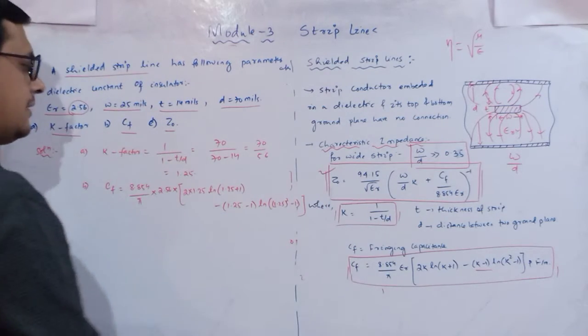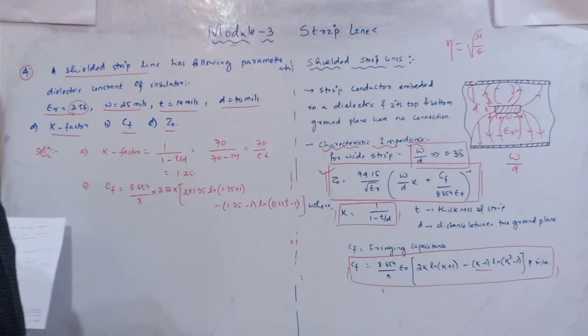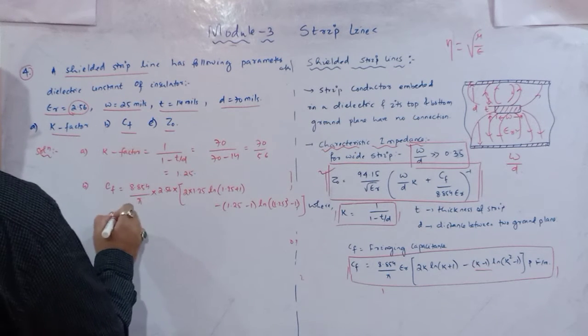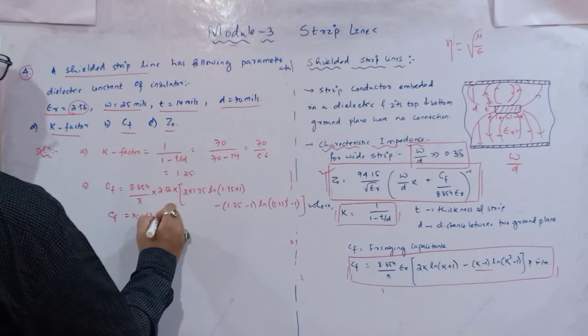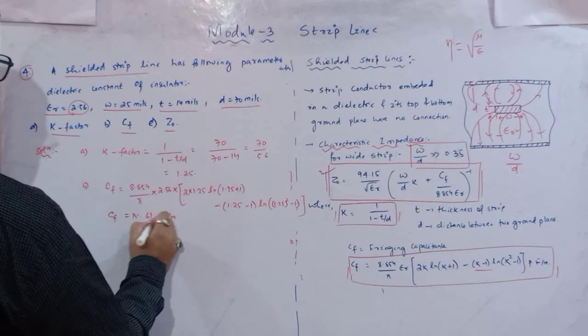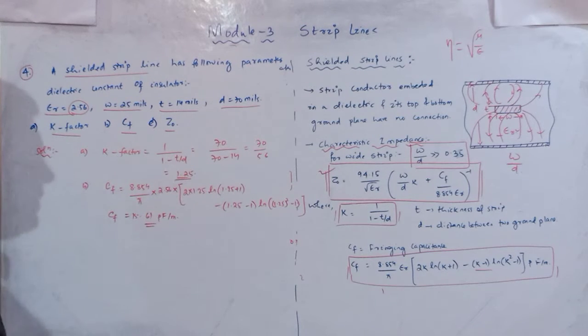If you solve this relation, you will get the fringing capacitance, which is around 15.61 picofarad per meter. So your K factor is 1.25 and the fringing capacitance is 15.61.